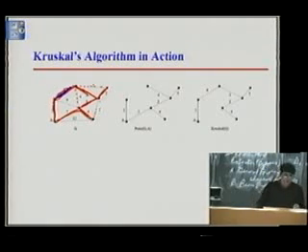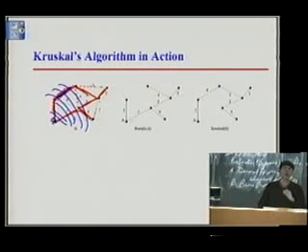Well, Kruskal's algorithm, so Prim's algorithm is growing a minimum spanning tree. Starting from one point, Prim's algorithm was growing out from that point. And as it worked through it, it was always leaving us with a partially constructed spanning tree.